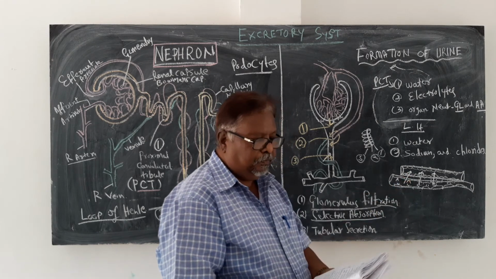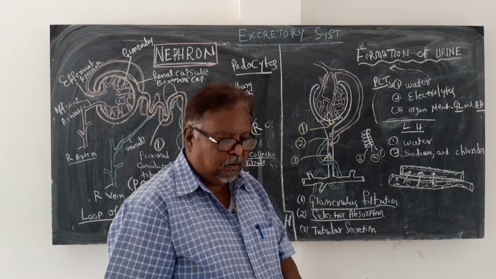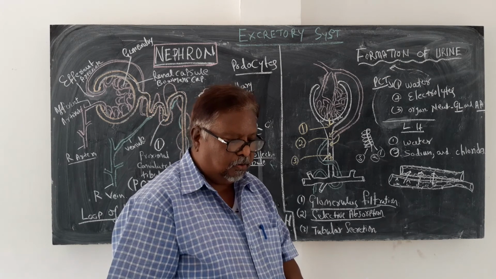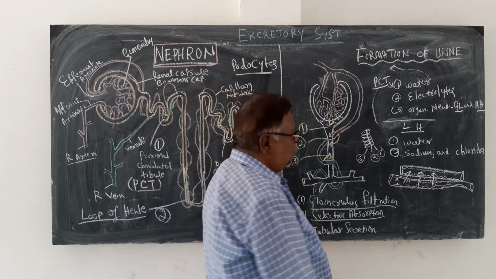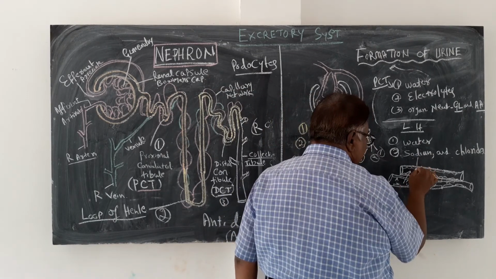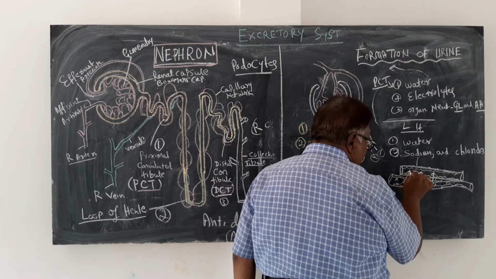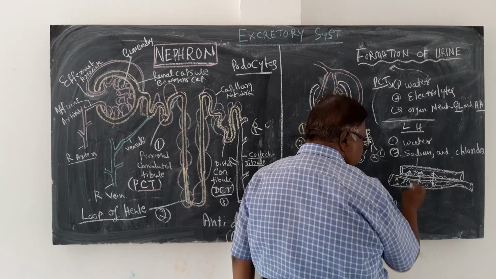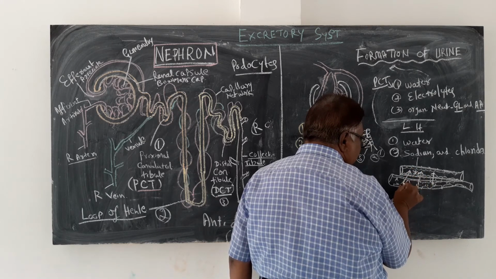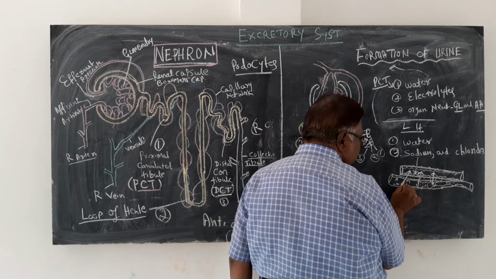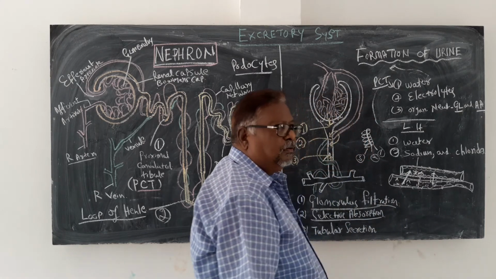At sites in the epithelial membrane, chemical energy is used to transport substances against their concentration. If the sodium level is high here, excess sodium is taken into the bloodstream, which is necessary further. The concentration here is more, and it is very less there, so it moves against the concentration. That is called active transportation.